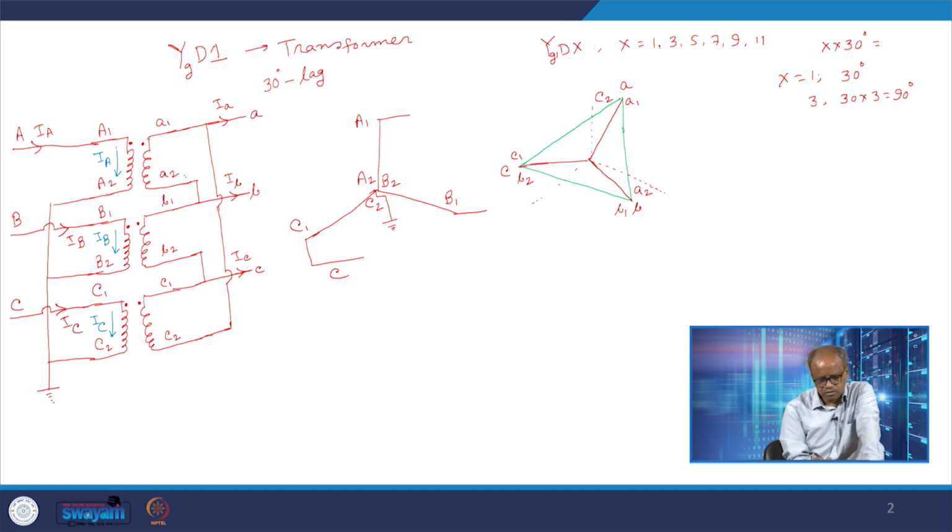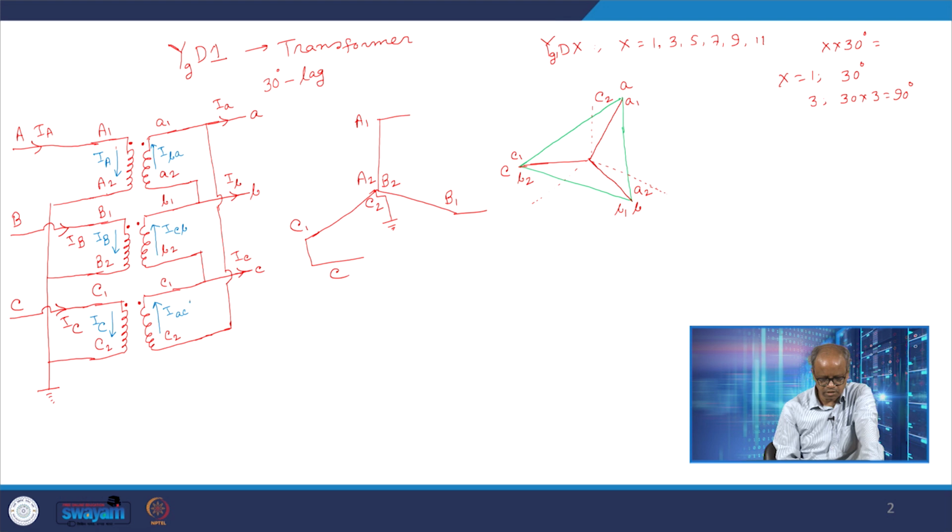Because of this dot, this current here and this current here would be in phase, so because it is B and A, I call it IBA. Again, because of these dots, this current would be in phase with this current, and I call it ICB. And because of these dots here, this current would be in phase with this current here, and I call it IAC.